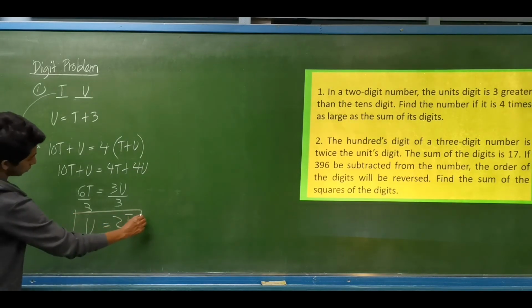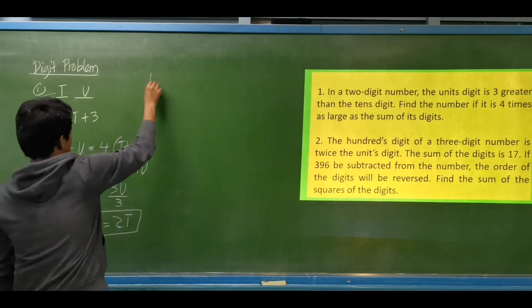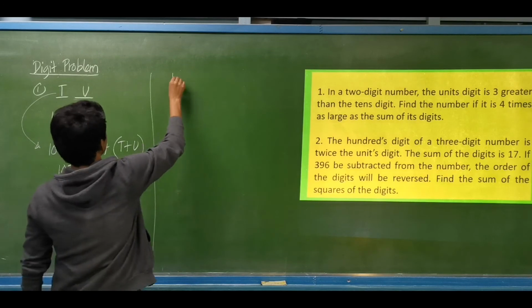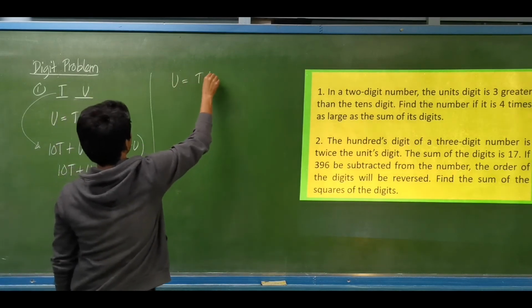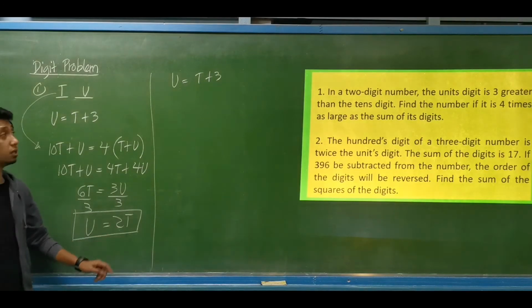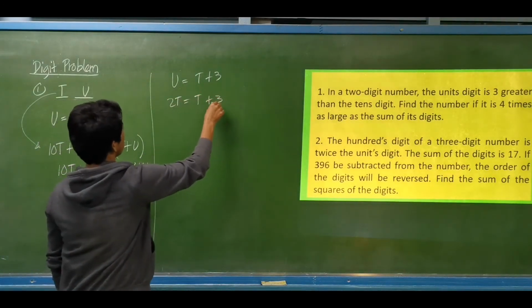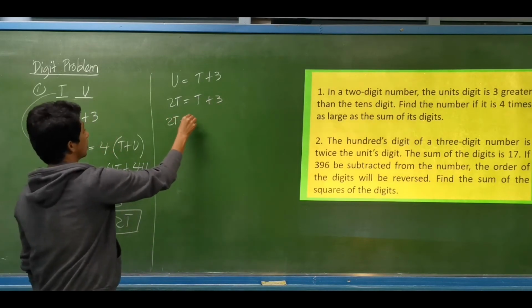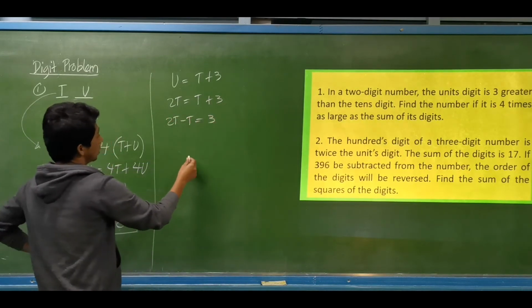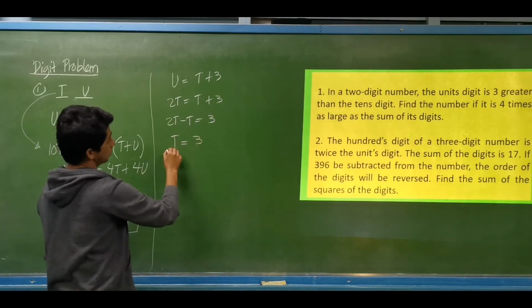So we may substitute this one on our first equation. From the first equation, u is equal to t plus 3. What is the equivalent of u? That is 2t. We have 2t is equal to t plus 3. So this is the same as 2t minus t equal to 3. So the value of the tens digit is simply equal to 3.